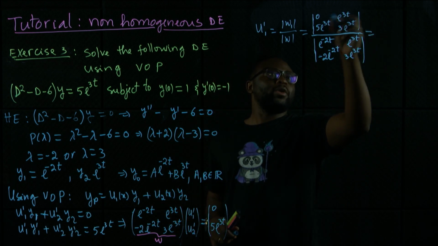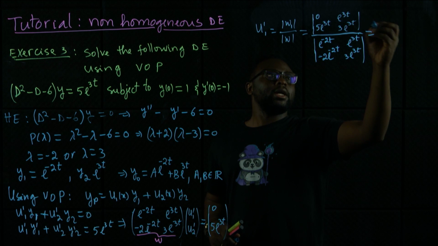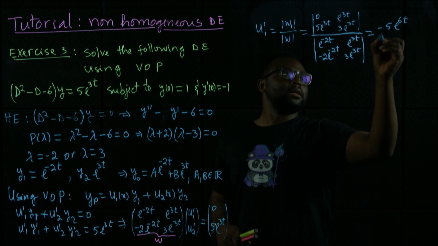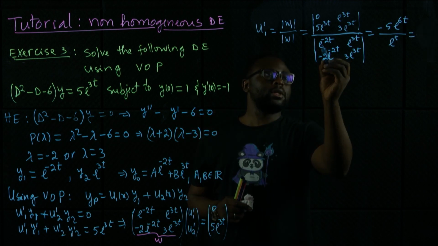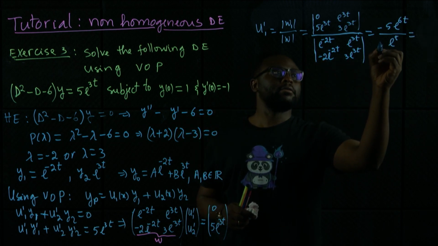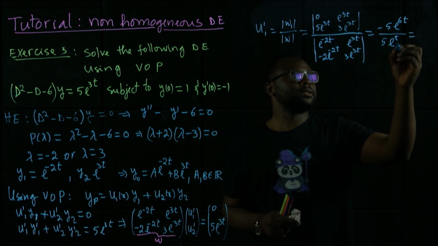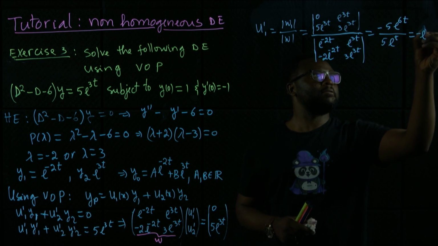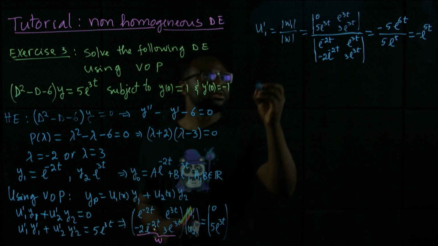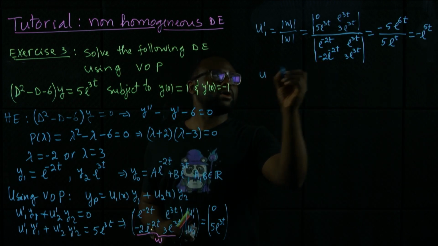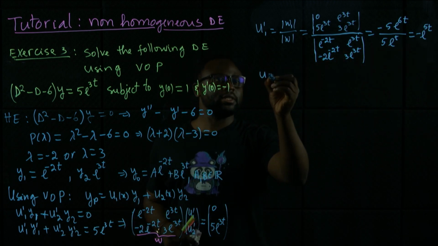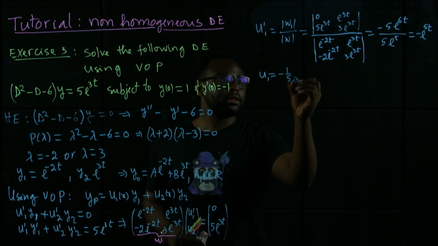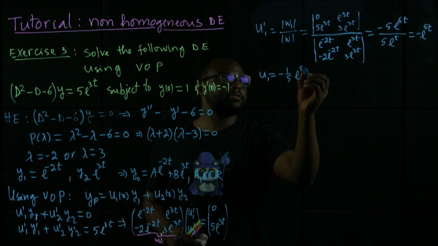If you multiply, you find this determinant. The numerator is minus 5 times e to the power 6t, and the determinant of omega is 5 times e to the power t. The 5 will vanish, and we remain with minus e to the power 5t. So if u1 prime is minus e to the power 5t, it means u1 will be minus 1 over 5 times e to the power 5t.